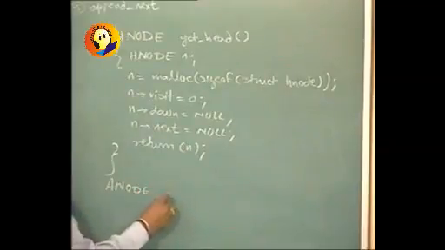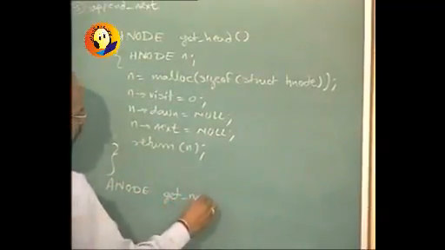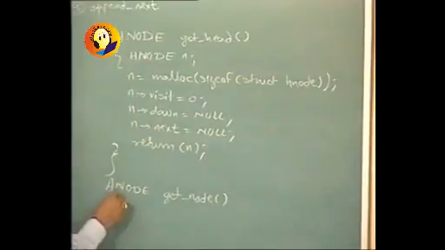anode type get node will be again quite similar.